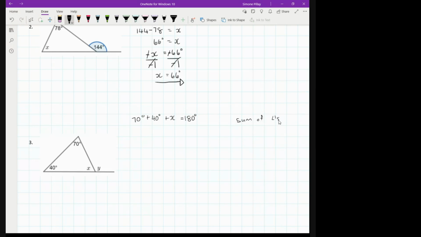Hold on for me. So what Umar has said is he's seen, okay, there's two unknowns here. There's x and there's y. Now we obviously have to figure out which one we are going to do first. Umar has said he likes to do x first because it comes first. So he's looking now at x and he's trying to see what rule he can use that will help him to figure out what x is. And he said, okay, well, this is a triangle.